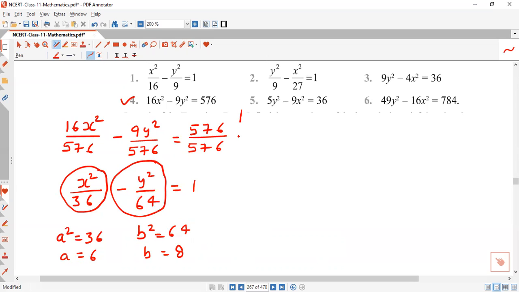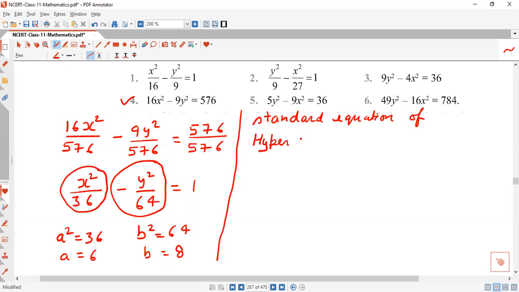So now what is the standard equation of hyperbola? If you compare, the standard equation of hyperbola is x square upon a square minus y square upon b square equal to 1.